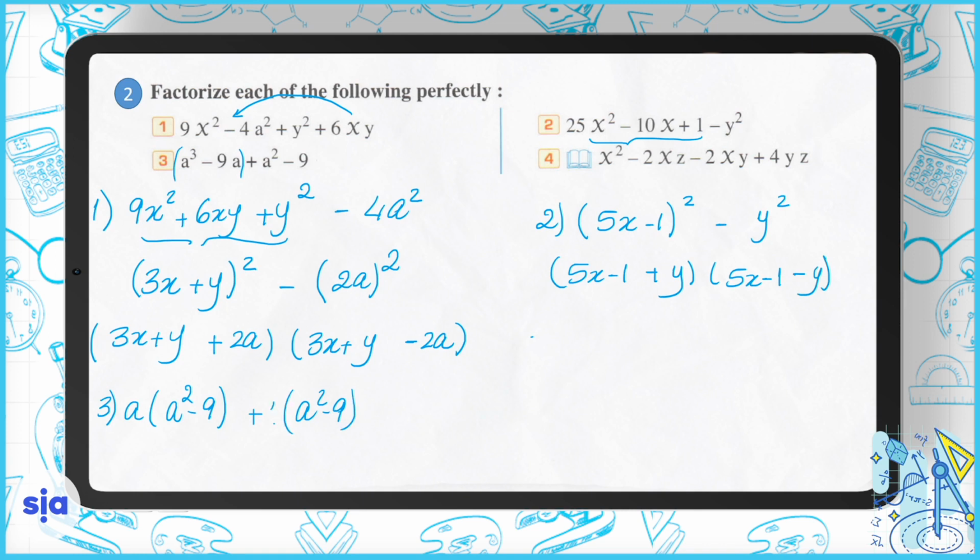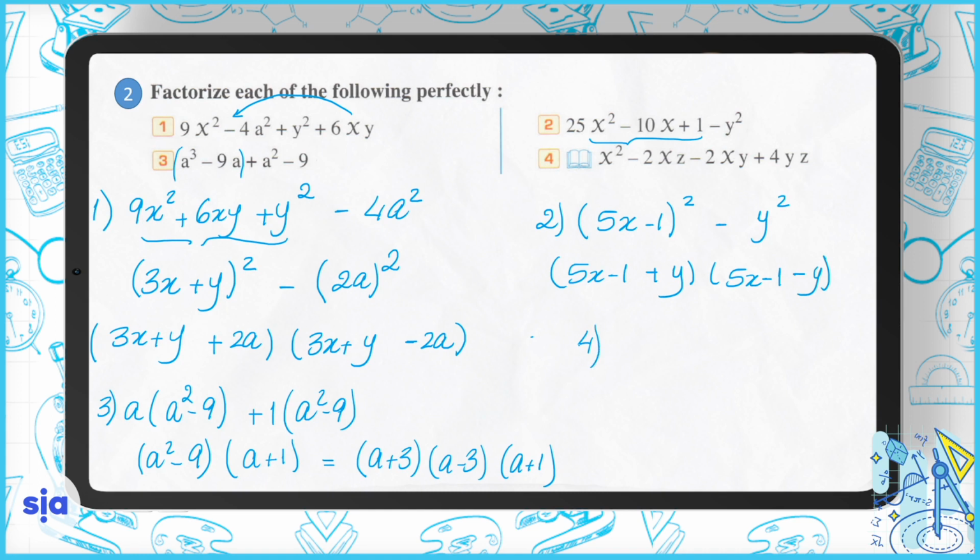So this means that the HCF is 1. After that, we write the common bracket once, and then times the other bracket, which is the a plus 1. Yes, a squared minus 9 can be factored as a plus 3 and a minus 3, and here is the a plus 1 as it is.